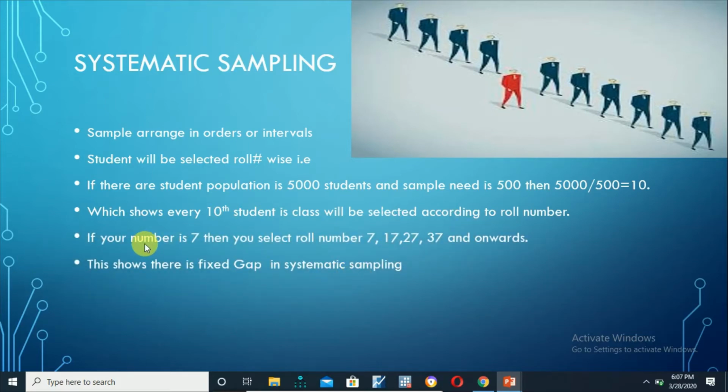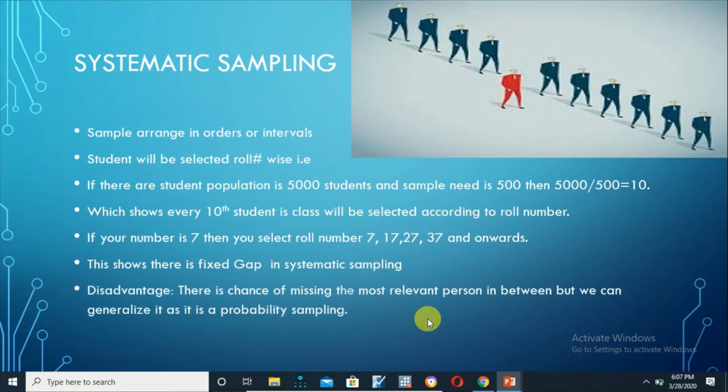If your number is 7, then you will select roll number 7, 17, 27, 37 and onwards. This shows that there is a fixed gap in systematic sampling. Disadvantage: there is a chance of missing the most relevant person in between, but we can generalize it as it is a probability sampling.